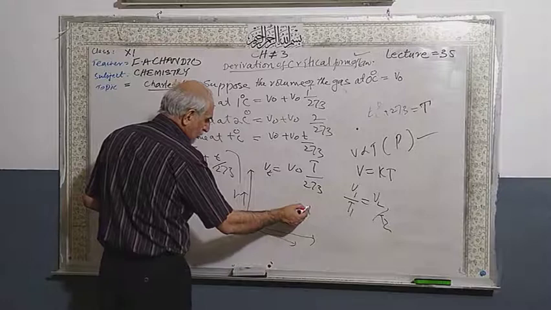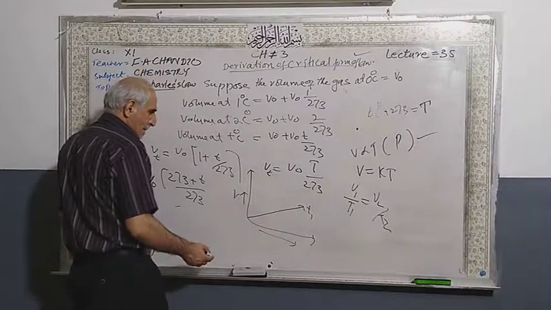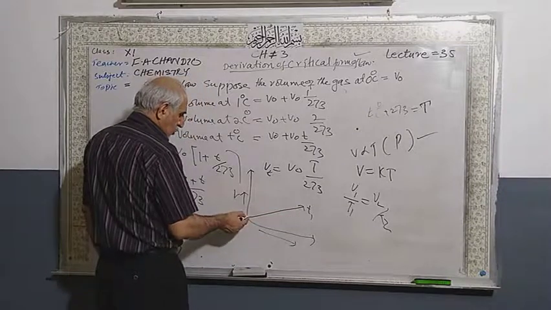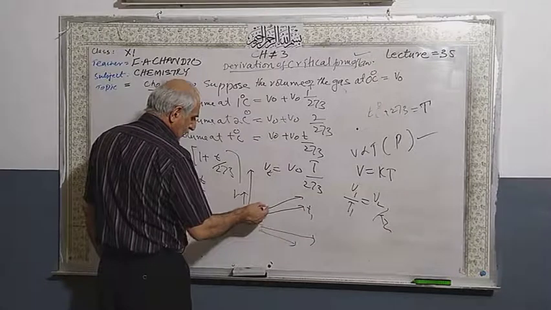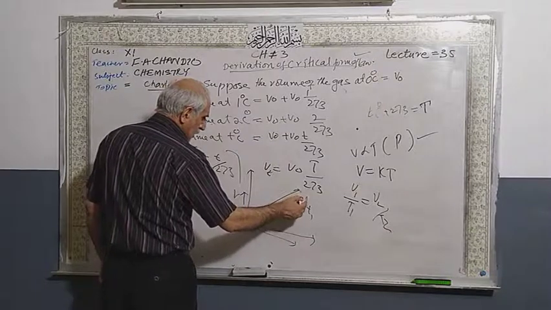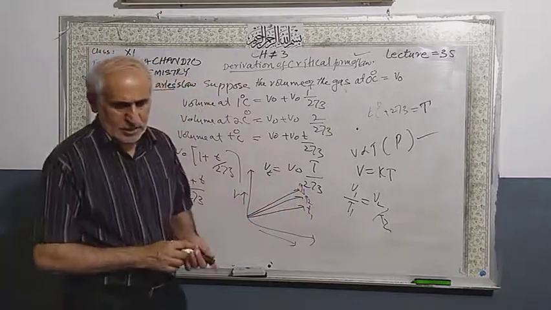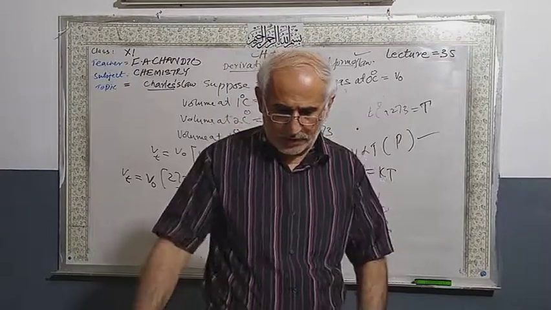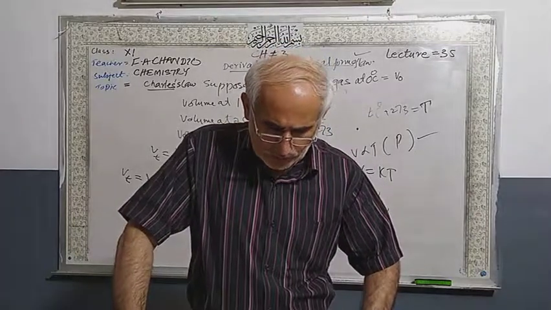This is at temperature T1, and if you change the pressure, then you get another straight line, for T1, T2, T3, T4, T5, T6 like this. So when you increase the pressure P1, P2, P3, the lines are formed here.